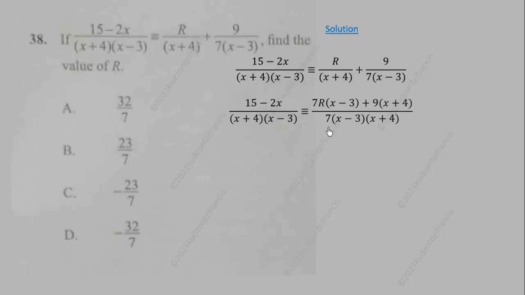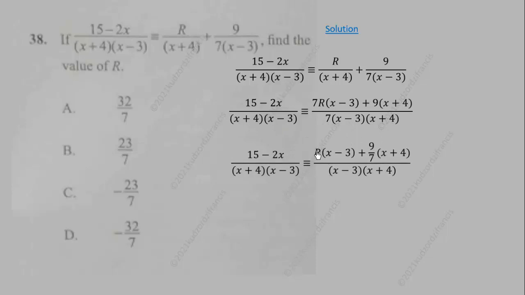We want to make the denominator equal to this, so we multiply both the denominator and the numerator by 1/7. That will cancel the 7 down here, and over here also cancel the 7. Then over here we'll get 1/7 times 9, which is 9/7.